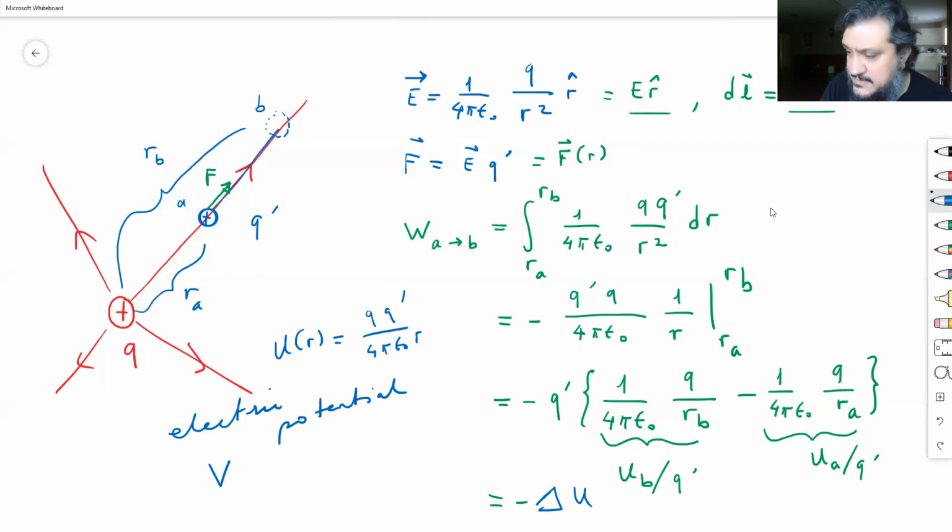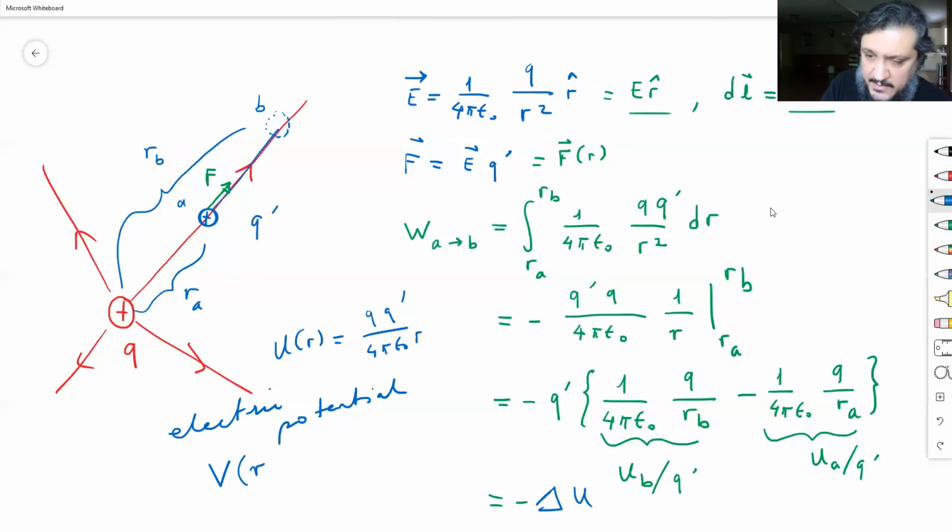V will be this U over Q prime, so that my physical quantity here is independent of Q prime. All right, so it's a property of the space because of the source, of course. If the source changes, the potential at that point will change as well.